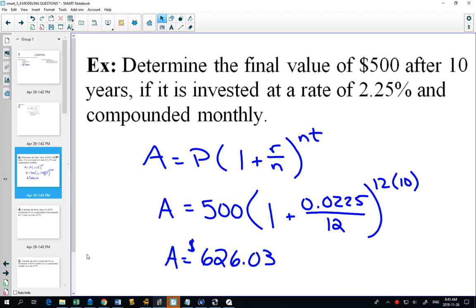Whoa. Now, the other thing you have to take into consideration is, yeah, you would have $100 more, but in 10 years, probably everything's going to cost that much more. So maybe that's not that much.